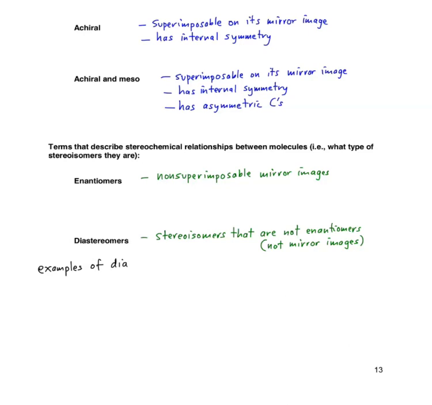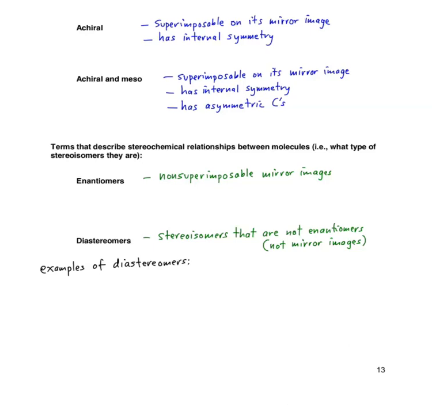We've actually seen a bunch. So for example, trans and cis alkenes. Those are diastereomers. They're stereoisomers of one another, but they're not mirror images, so they're not enantiomers.